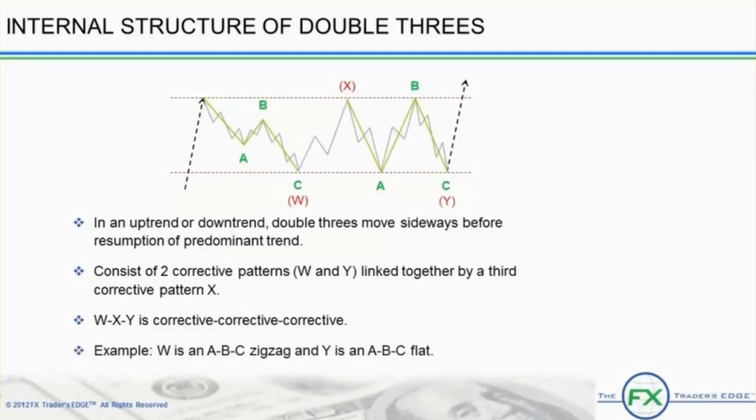In this example, W is an ABC zigzag and Y is an ABC flat. The X link or connector is an ABC zigzag.